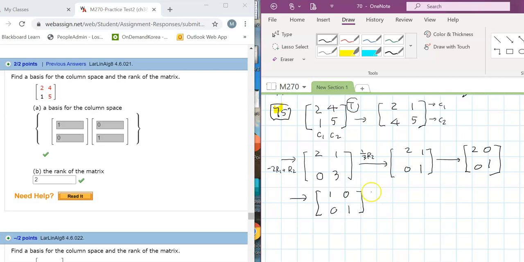Okay, so this is column 1. This is column 2. So the basis for the column space is 1, 0. Like I said, column 1.